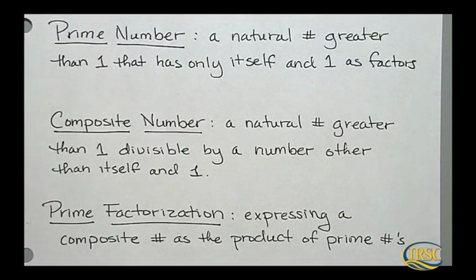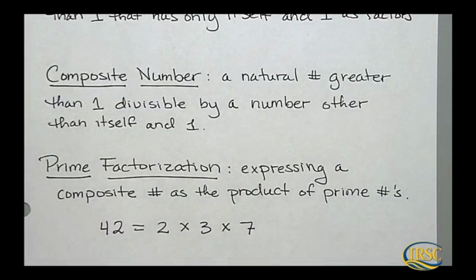And then every number has a prime factorization, expressing a composite number as a product of prime numbers. So this is the prime factorization of 42. You don't need to write this down, but the fundamental theorem of arithmetic tells us that every composite number has a unique prime factorization. So two numbers aren't going to have the same prime factorization. It's like a fingerprint of the number.